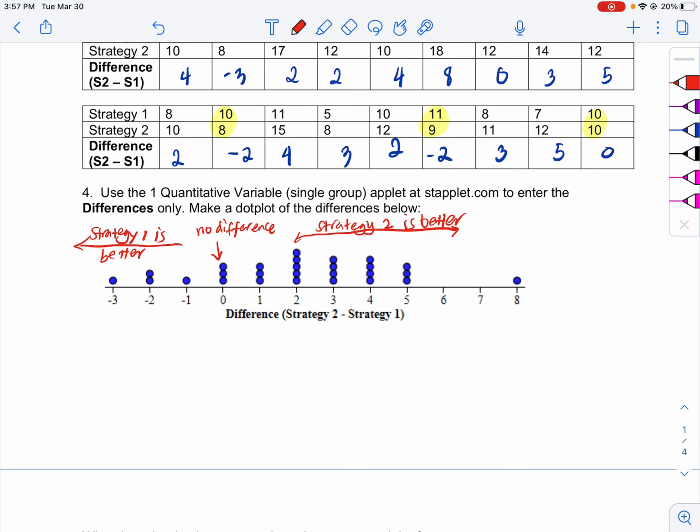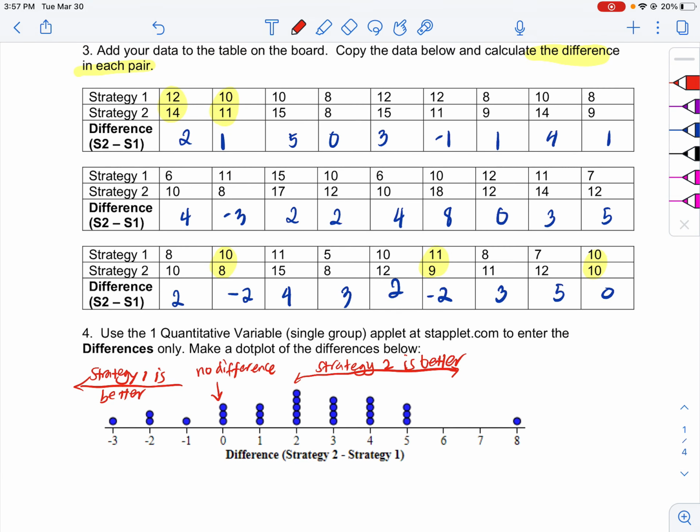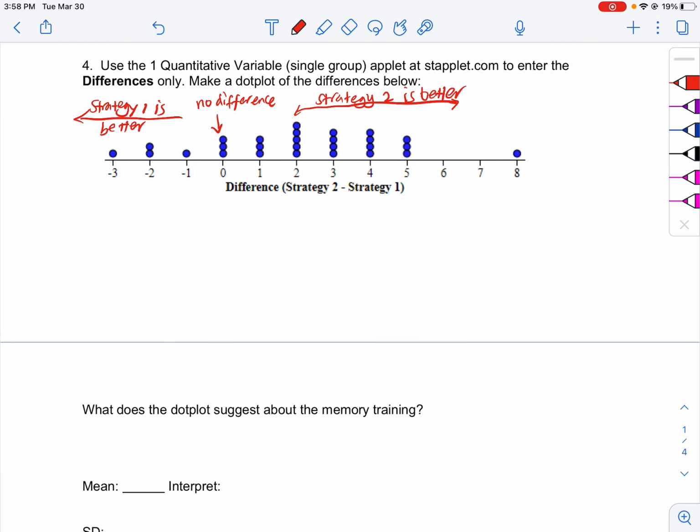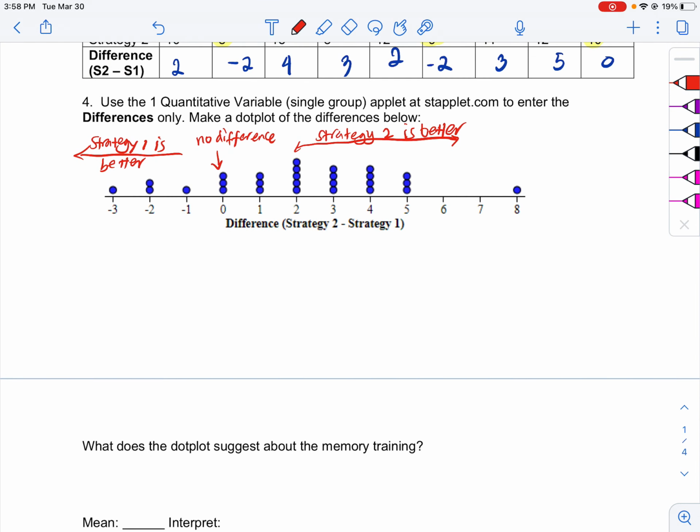By the way, there are 27 numbers. We have 27 pairs of numbers, meaning 27 students joined the study or the experiment. So my n is 27. What does the dot plot suggest about memory training?